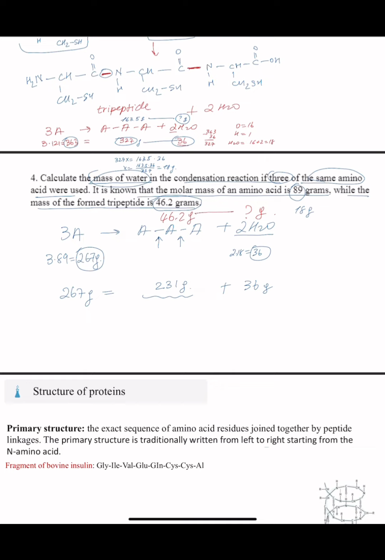So you need to construct your proportion, and this would be 46.2 gives you x, 231 gives you 36. And if you do the math, this would be 46.2 times 36 divided by 231, and this would be 7.2 grams.